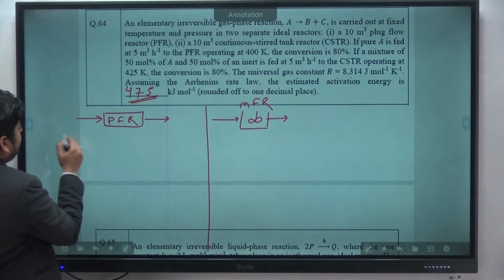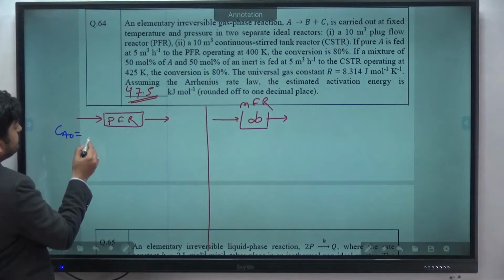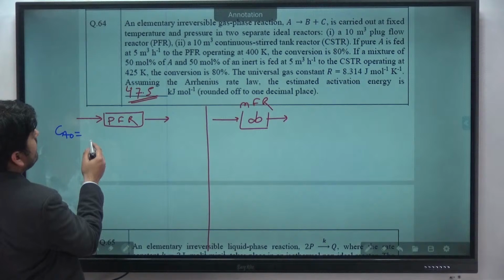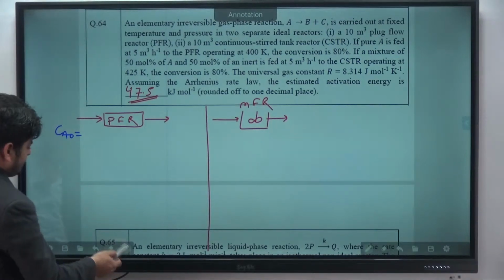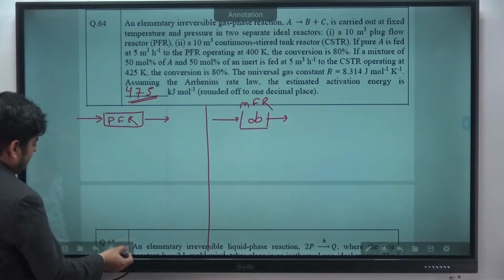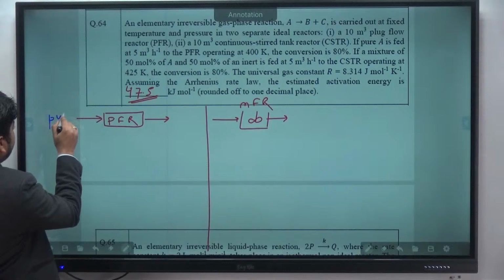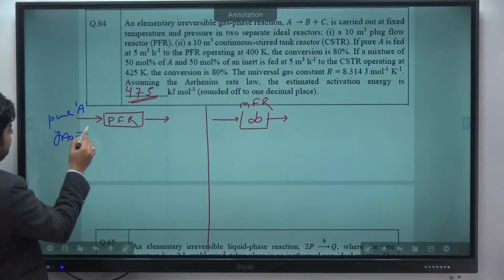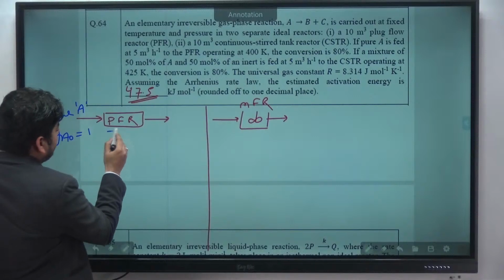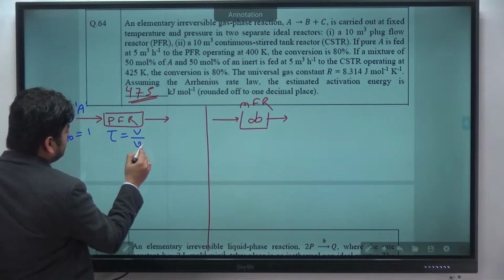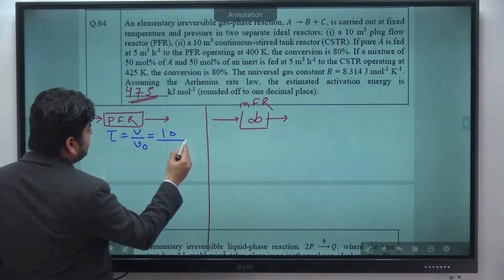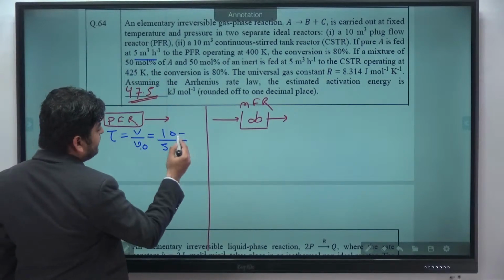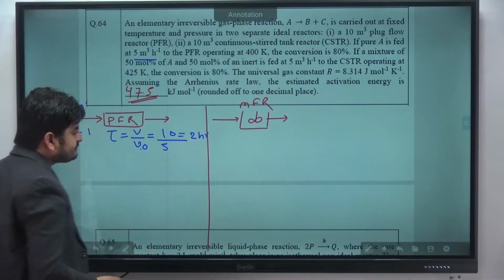Here in PFR, pure A is going in the system, so Ya0 will become 1. Tau, which is V by V0: the volume of the reactor is 10 meter cube, the volumetric flow rate is given as 5 meter cube per hour, so it will be 2 hours.